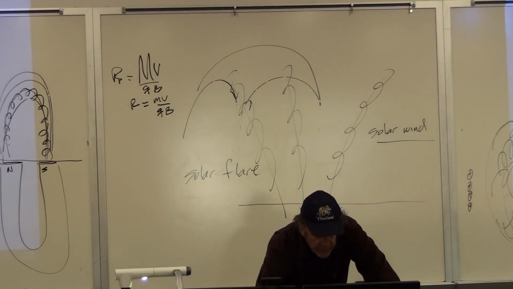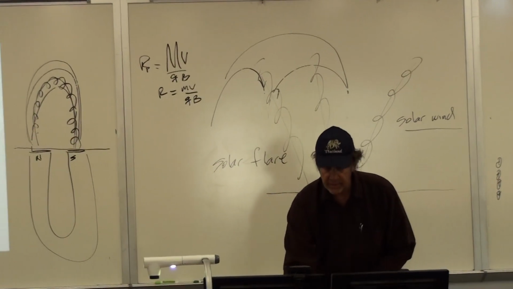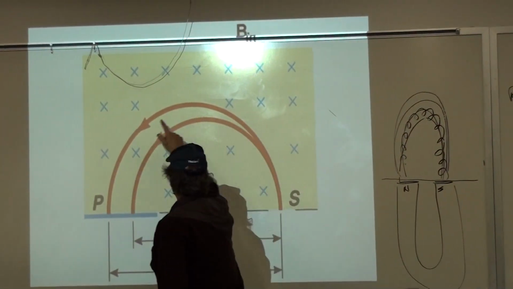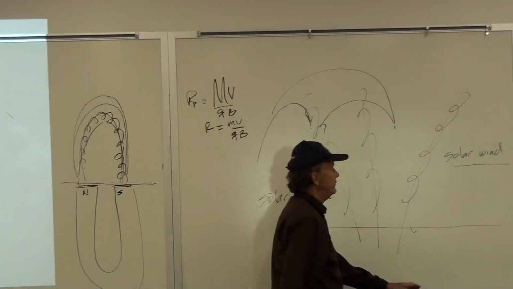Okay, so once we have this process of velocity selection and we understand what's happening with circular motion, what we can do is take those particles that have a known velocity and fire them into a region of uniform magnetic field.